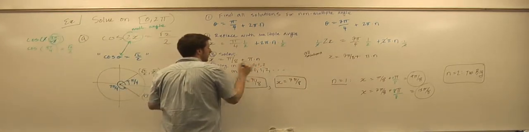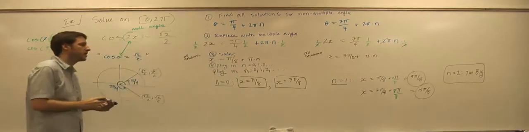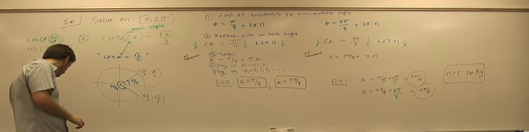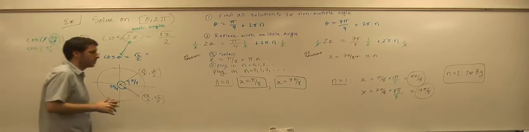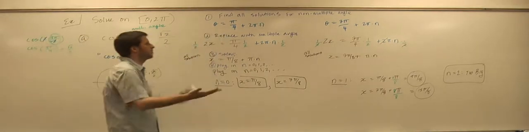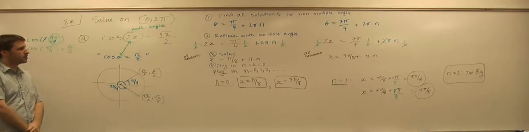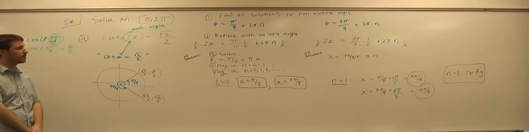Start with 0, then go to 1, then go to 2, and keep going until you get to answers that are too big. So that we can kind of streamline this so you can see how it goes.